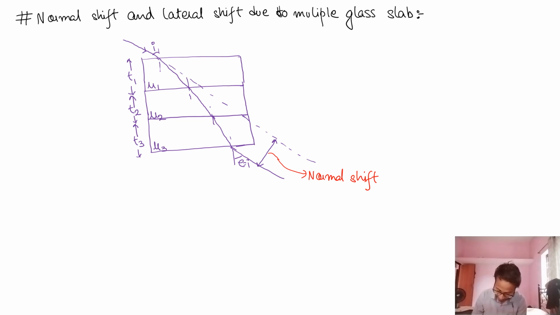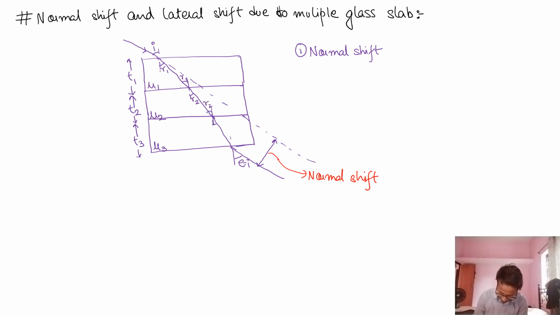So normal shift out here is given by a very easy formula: shift due to this glass slab plus shift due to this glass slab plus shift due to this glass slab. If this is sin I, this is R1. If this is R1, even this is R1. If this is R1, this is R2. If this is R2, this is also R2.